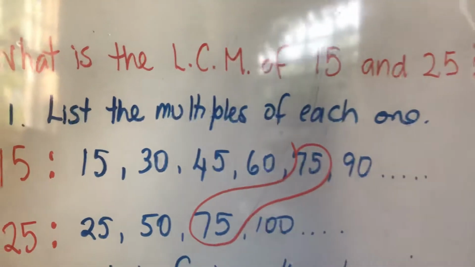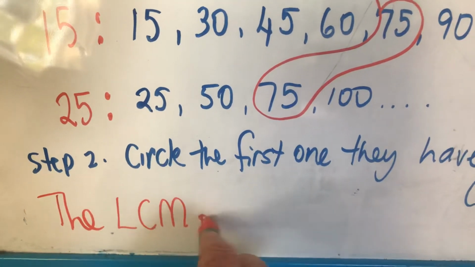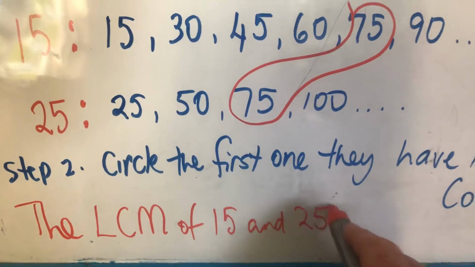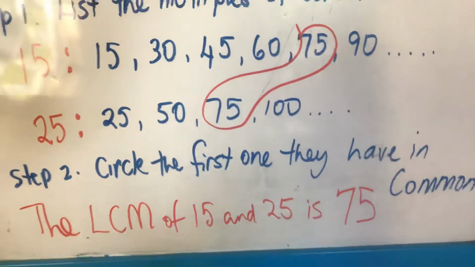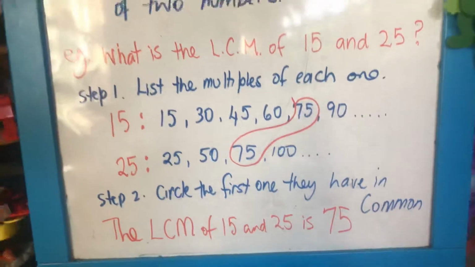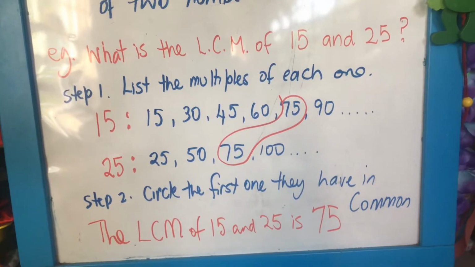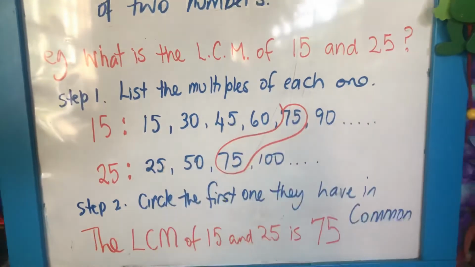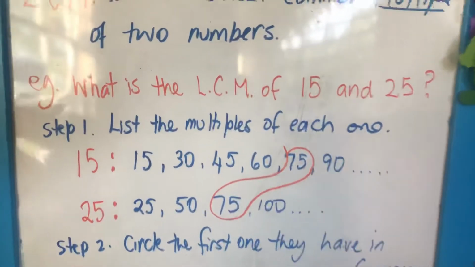So the LCM, the lowest common multiple of 15 and 25, is 75. Yay, that's the answer. So you simply make a list of all the multiples and find which is the lowest one that they have in common. Obviously, if we carry on, there'll be more that we have in common, but we were only asked to find the lowest one.